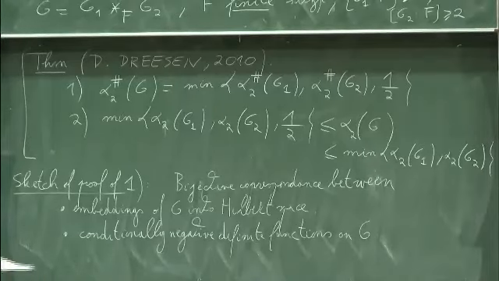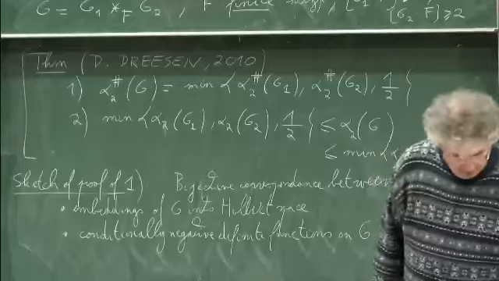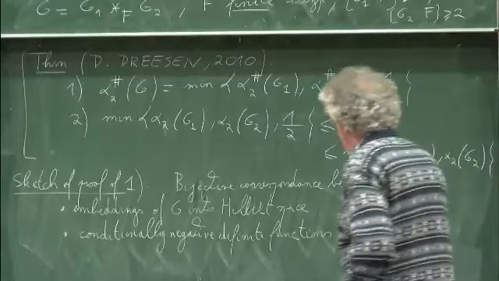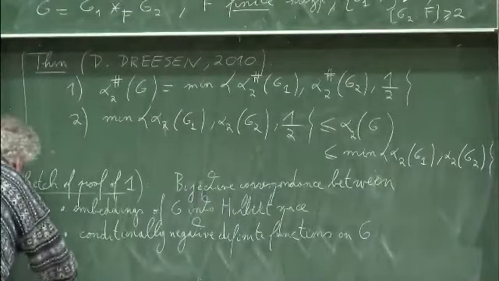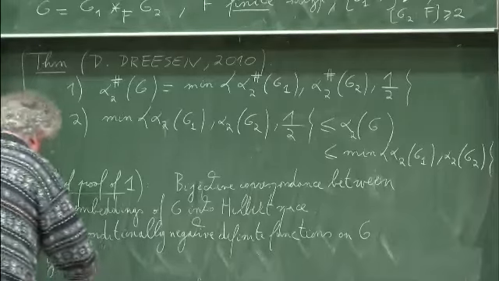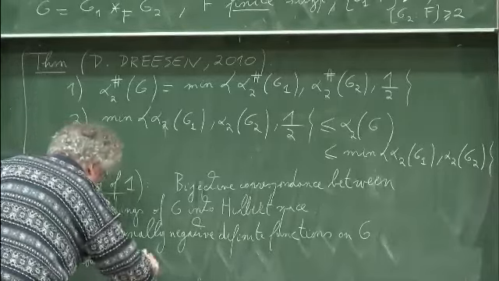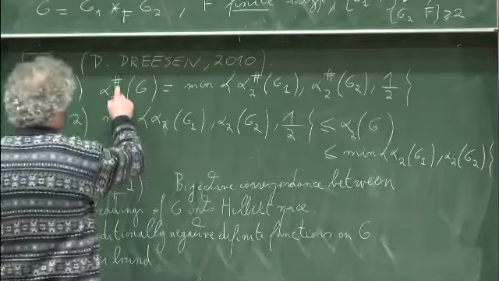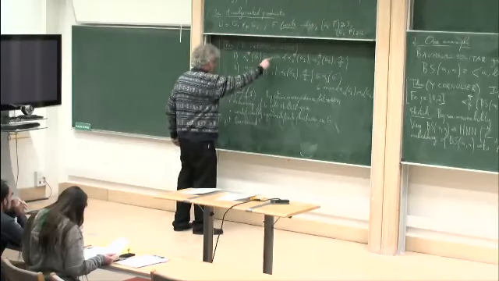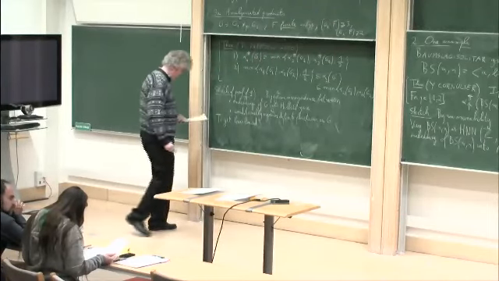And so, for instance, to get the lower bound, so that the equivalent compression is larger than this minimum, which is the non-trivial part.